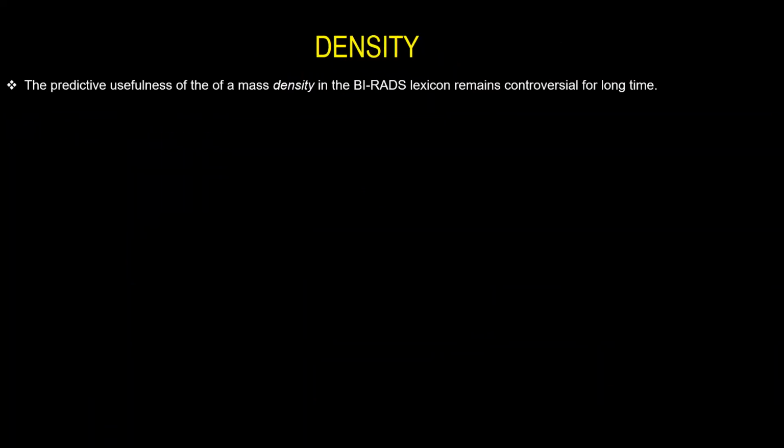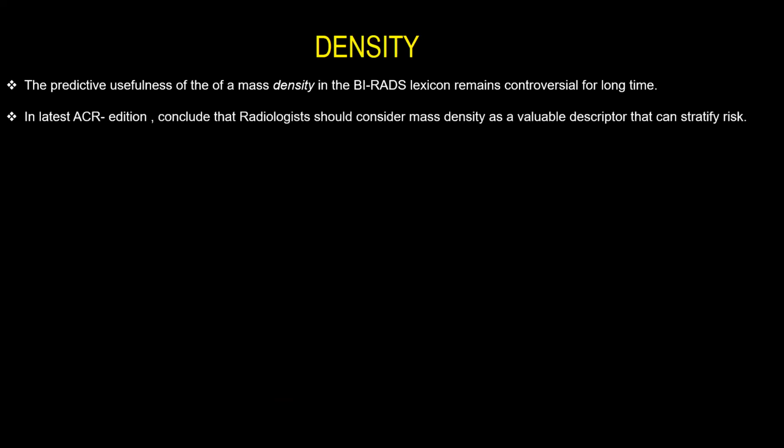Okay. So the predictive usefulness of the mass density in BI-RADS lexicon remained controversial for a long time. However, in the latest edition, they concluded that radiologists must evaluate the mass in terms of density and use it as a descriptor to stratify the risk for malignancy.